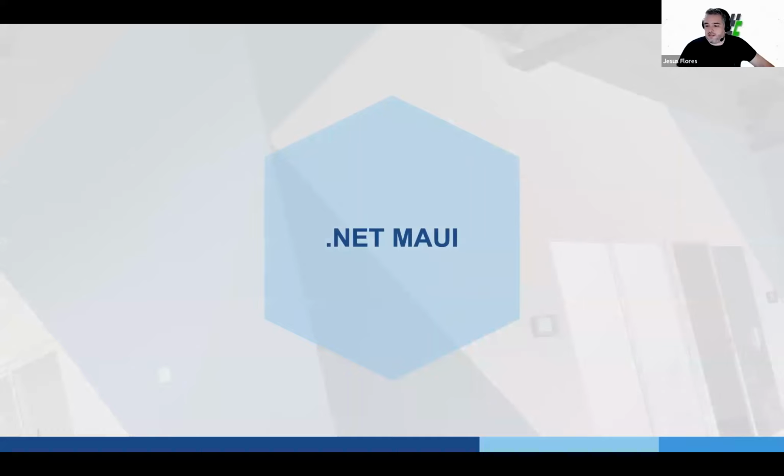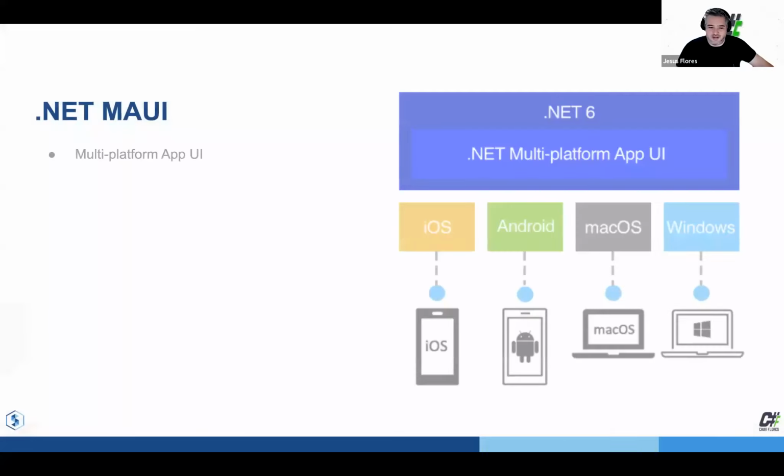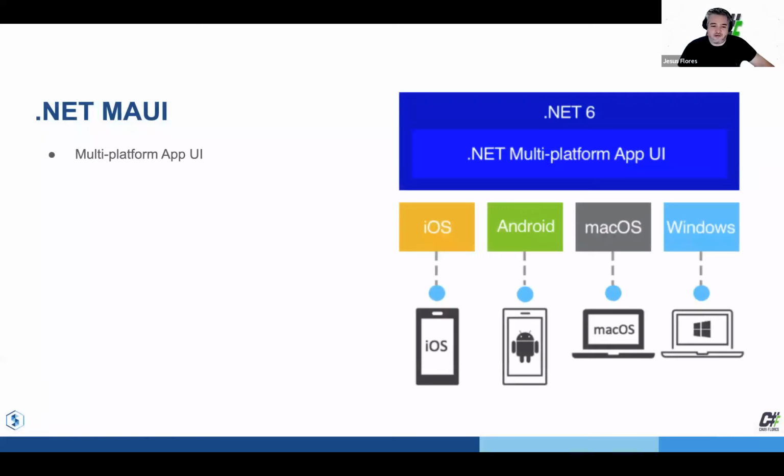What is .NET MAUI? Actually, MAUI stands for Multi-Platform Application UI. Basically, it's part of .NET 6, but the code is compiled for each of the devices. For example, for iOS, everything is compiled ahead of time into ARM code, so you have your application deployed and it's already native on iOS.